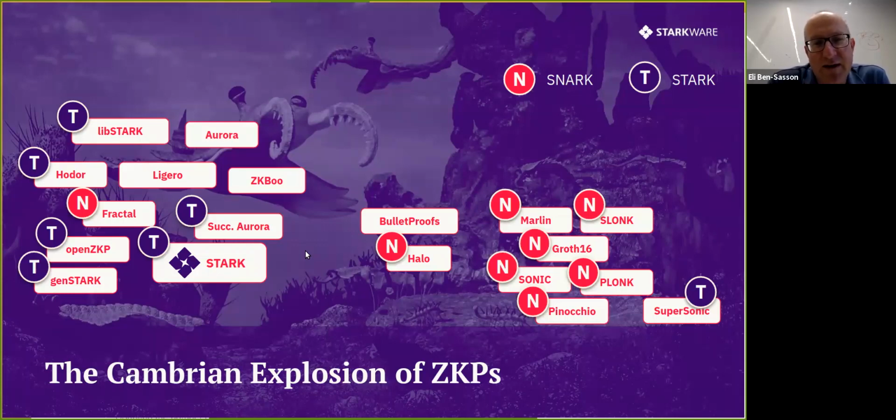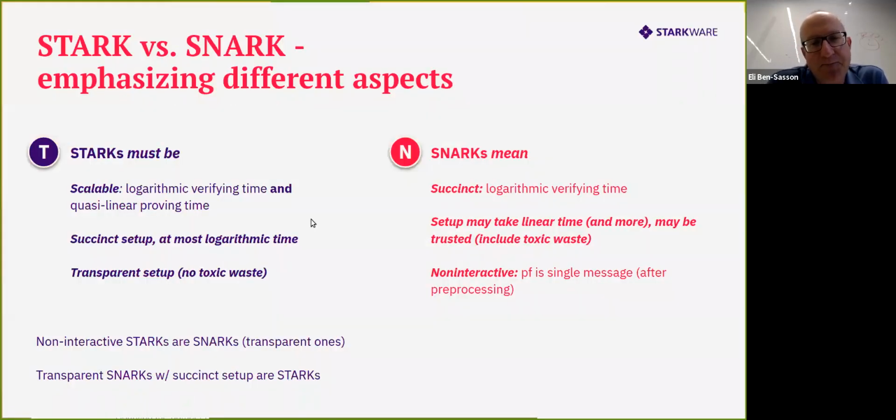You have Halo, Bulletproofs, Aurora, Ligero, and many, many others. This isn't a full list. And you probably also heard about the very popular acronyms SNARK and STARK. So I just want to say there's a very large set of different protocols. I want to spend a few minutes speaking about what differentiates them and how they are all similar. So let's please move to the next slide.